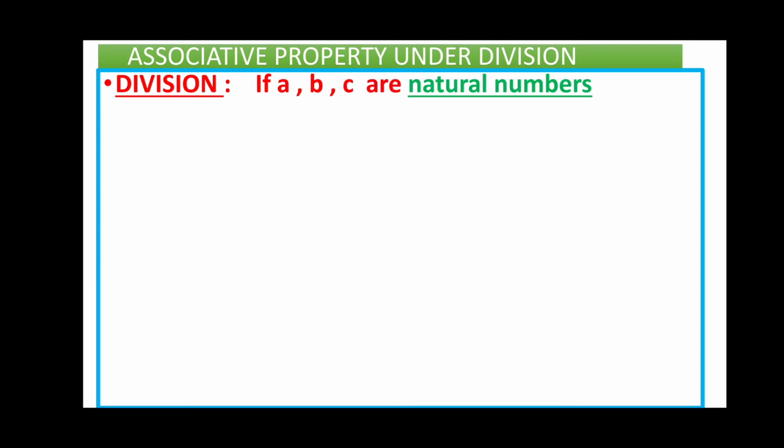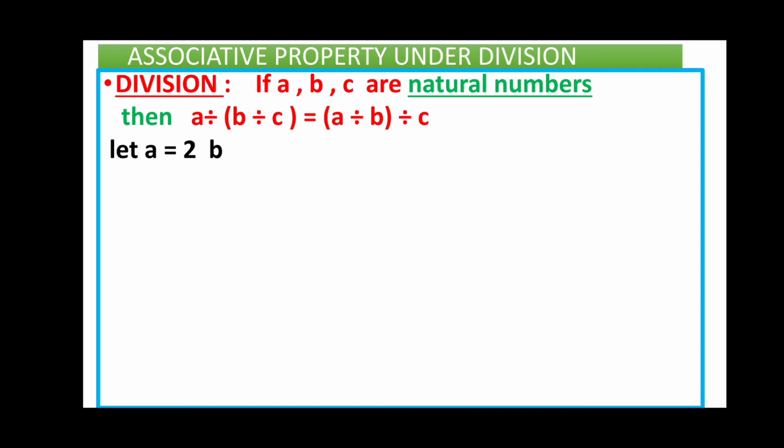Now let us check for the associative property under division. In the place of the multiplication symbol, we have to substitute the division symbol. If A, B, C are natural numbers, then (A ÷ B) ÷ C equals A ÷ (B ÷ C). Let us take A as 2, B as 4 and C as 7. As we have said a number of times, you can take your own examples and check.